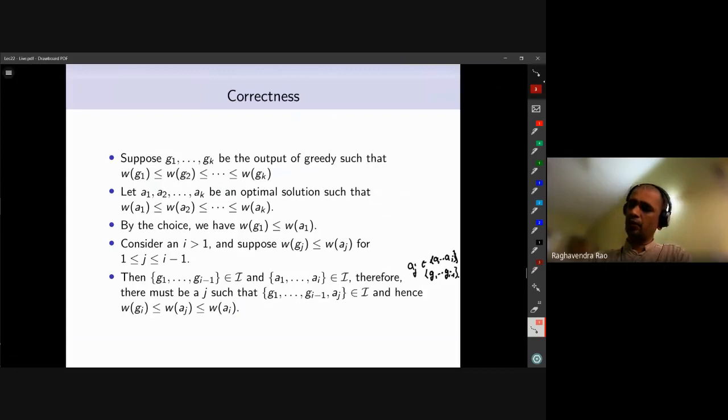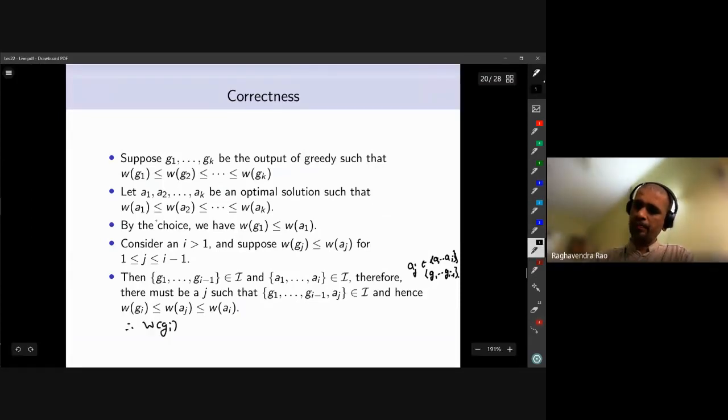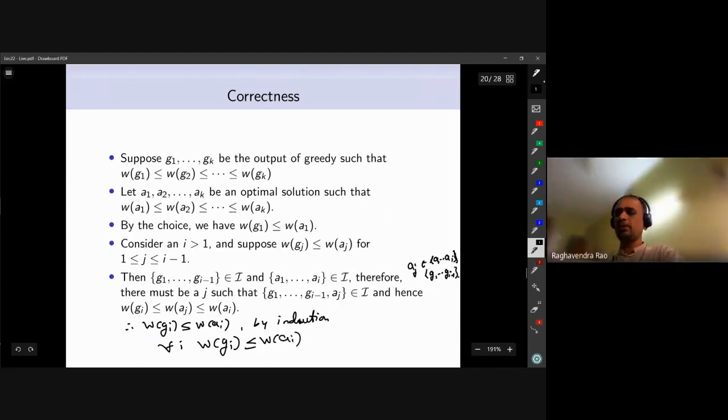Okay. So therefore, weight of Gi is at most weight of Ai. So by induction, for all i, weight of Gi is less than or equal to weight of Ai. What does it mean?